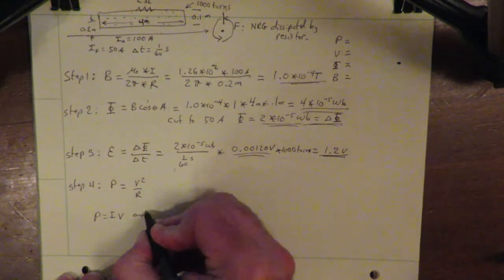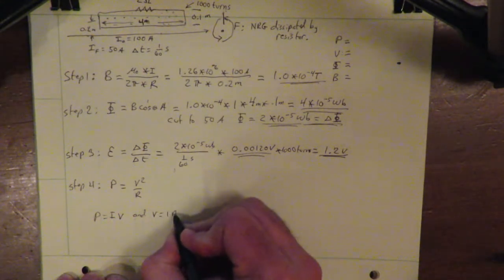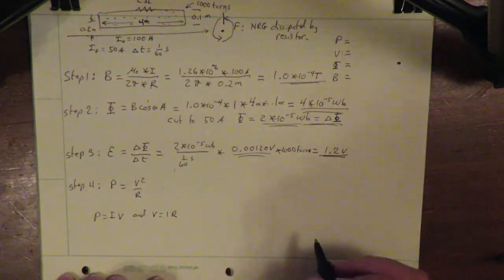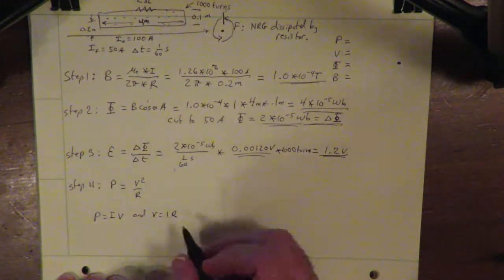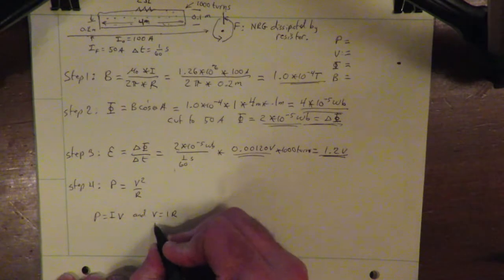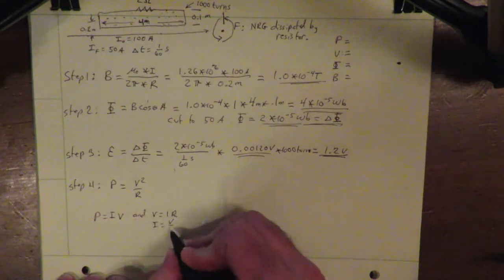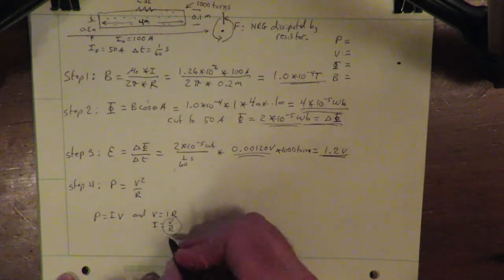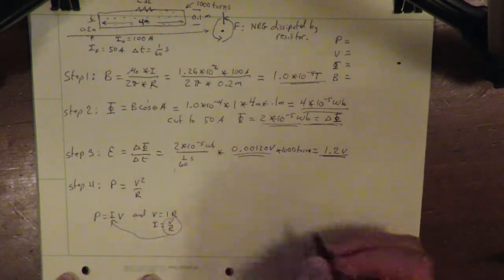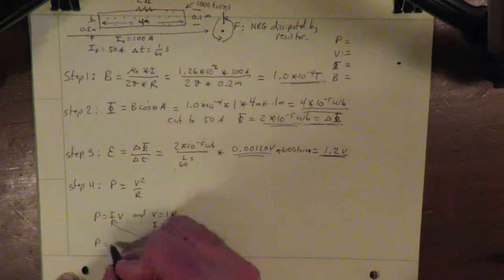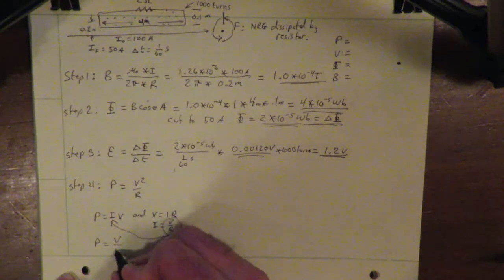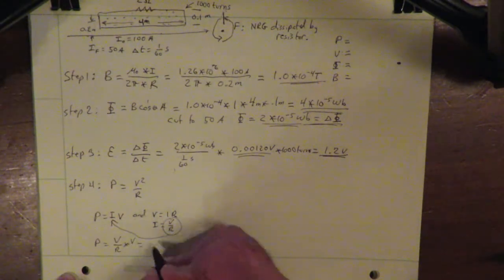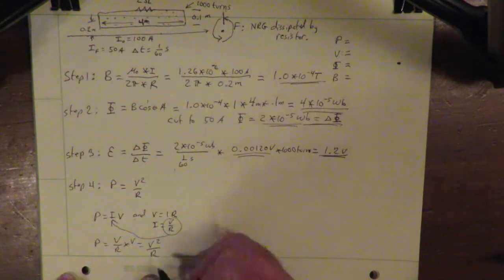And V is equal to IR, our old friend Ohm's law. So V equals IR, that means that I is equal to V over R, and we can substitute V over R in here for I. So we get P is equal to V over R times V, which is V squared over R.